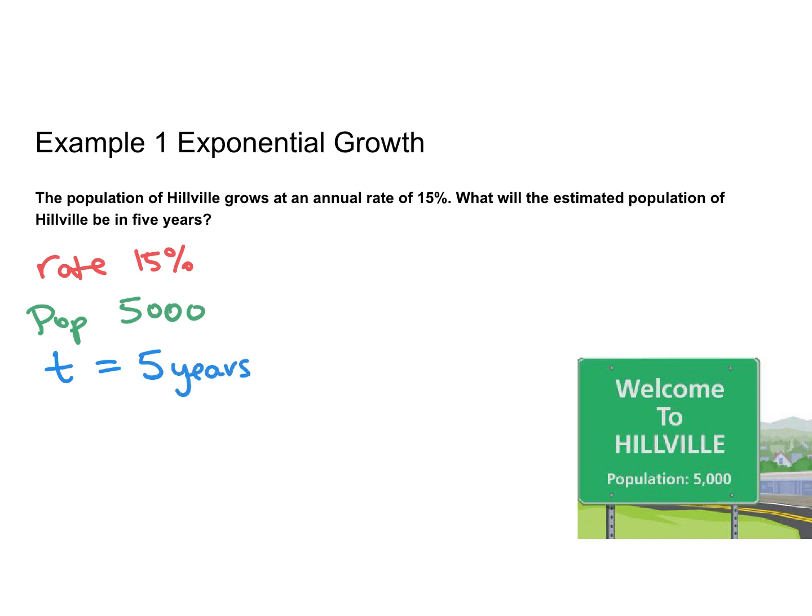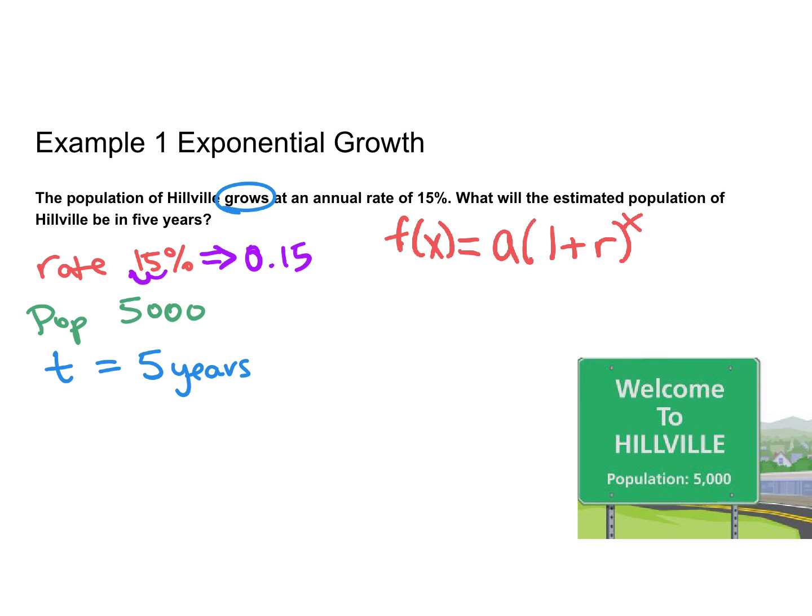The first two pieces of information we can use to set up an equation. You have to know your rate in terms of a decimal, so 0.15. All we did there was move the decimal over 2 spots. We also had to know our initial population, and that gives us enough information to plug into the formula. The formula is f of x, you can use y, equals the starting value times 1 plus the growth rate, to the x. We know it's plus because it says it grows.